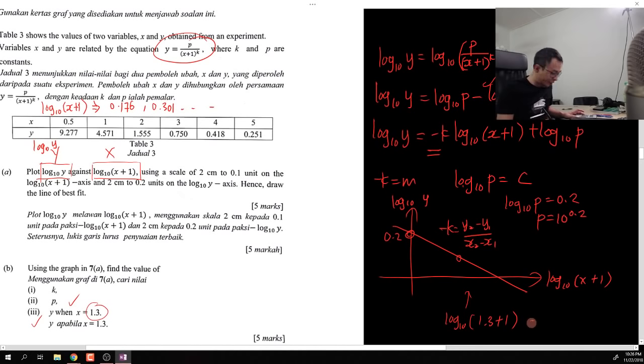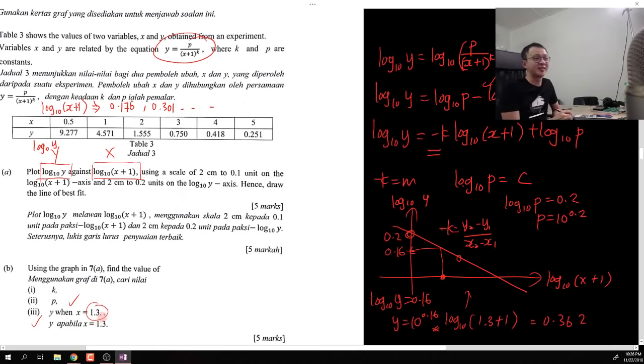Then from the table I will find 0.362. So I will find where is the 0.362. Let's say it's here. Then from here I will get my log 10y value. Let's say it's 0.16. Then I will say log 10y equals 0.16. Then y equals 10 power of 0.16. Then this is how I get the y value.